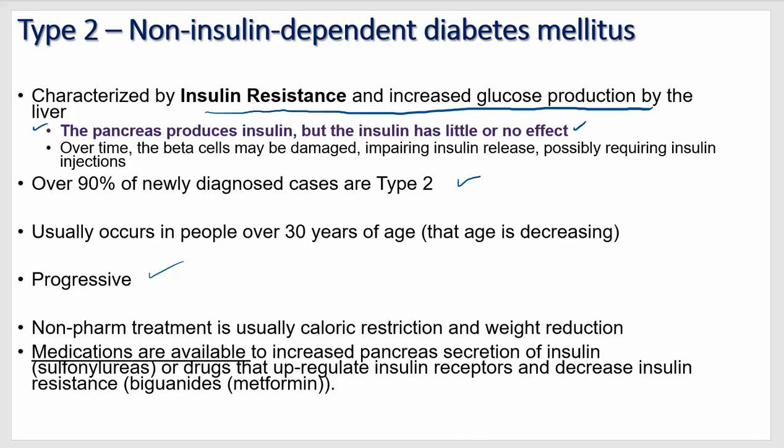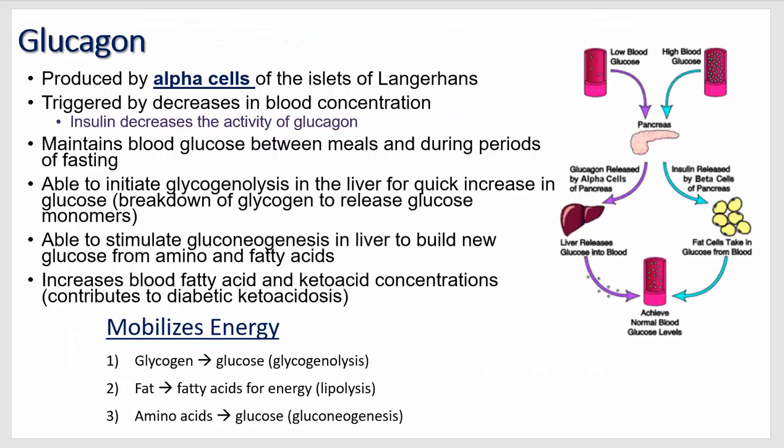More insulin will eventually contribute to more glucose being moved into cells and out of the blood. Or drugs that upregulate insulin receptors. More insulin receptors is going to do the same thing. It's going to help move the glucose into the cell, and that decreases insulin resistance. So biguanides, metformin is an example of that.